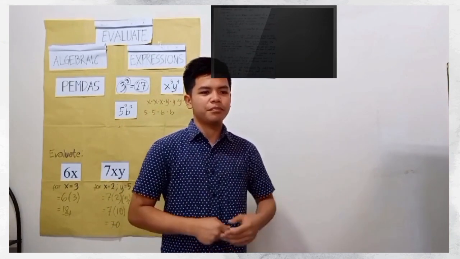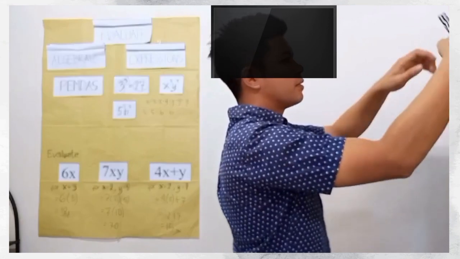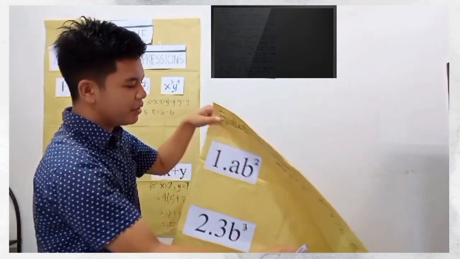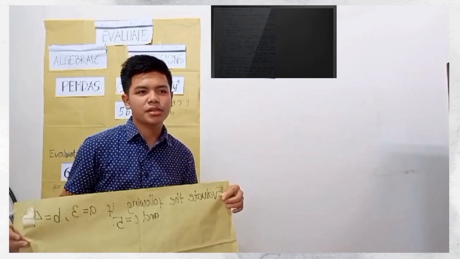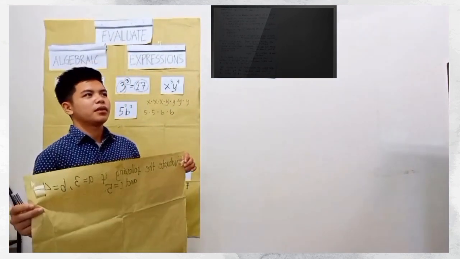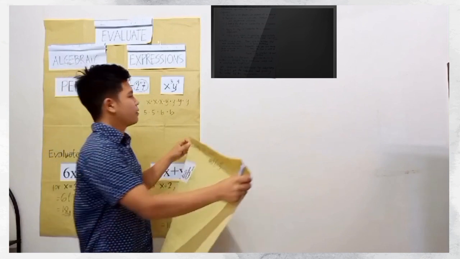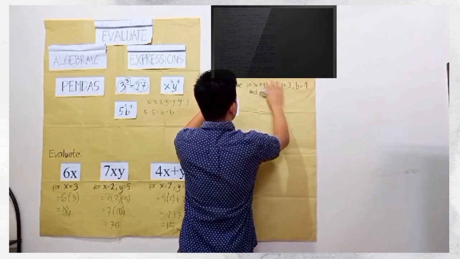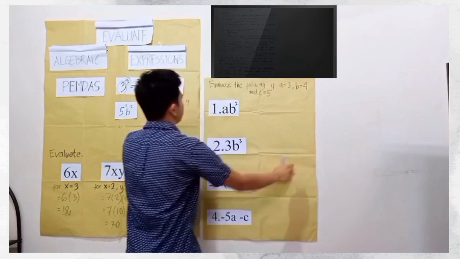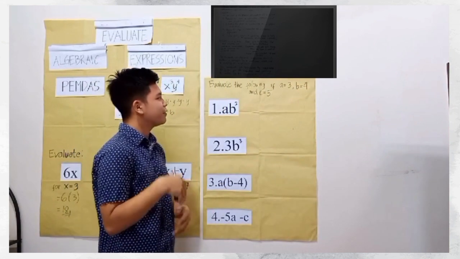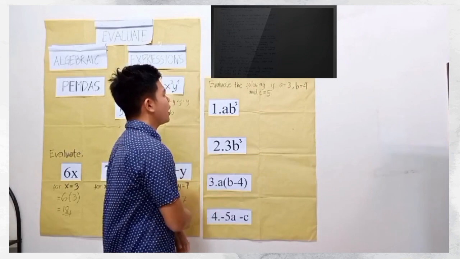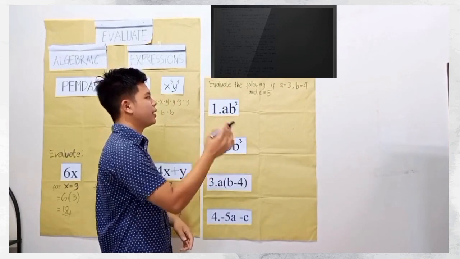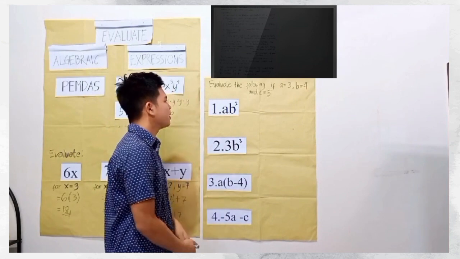However, we have another set of examples here. So this includes exponents. Here we evaluate the following if A is equal to 3 and B is equal to 4 and C is equal to 5.